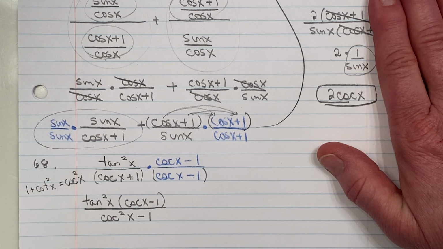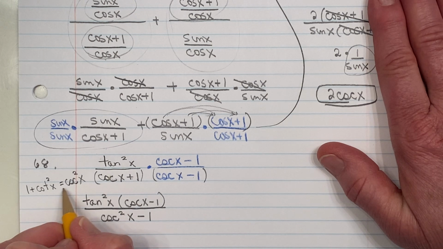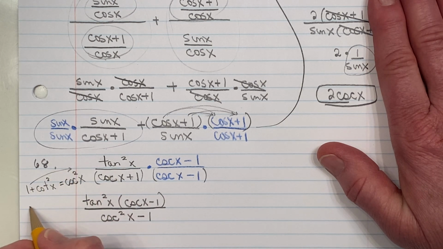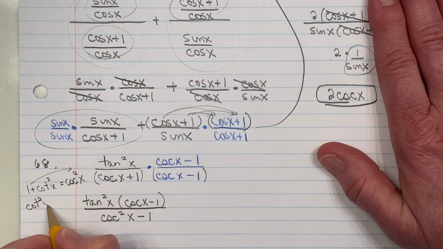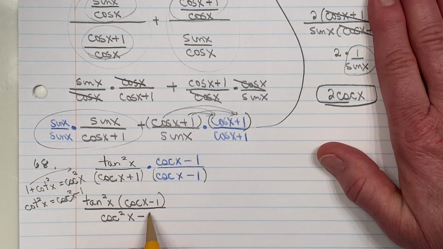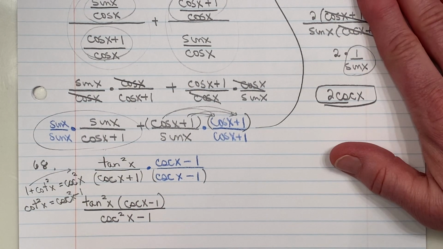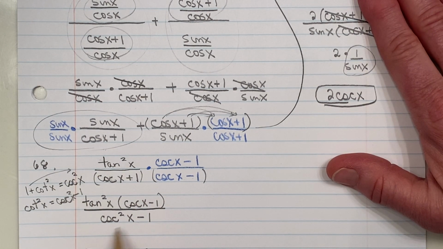So I'm going to end up thinking about rearranging this. If I subtract the 1 to the other side, I know that cotangent squared x is equal to cosecant squared x minus 1, my denominator. That might help me. So I'm going to replace this denominator right here with cotangent squared x.